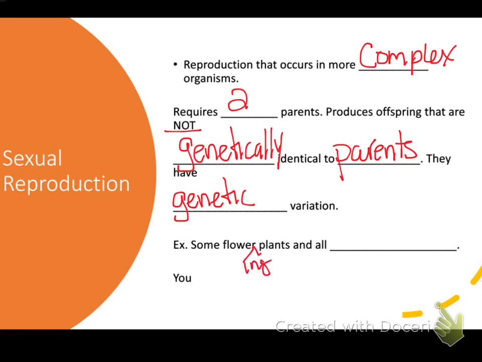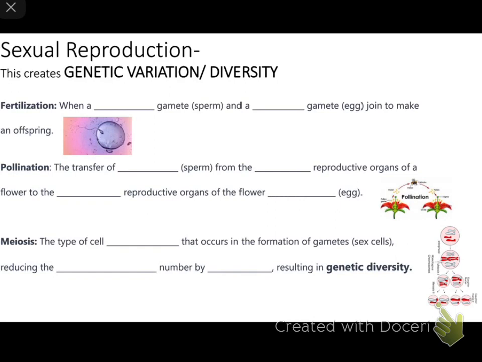Some flowering plants go through sexual reproduction, and all animals do. For example, humans do. You are a genetic variation of your parents. You get half of your chromosomes from your mom and half from your dad, and that gives you variation. That's the super main thing to know about sexual reproduction: the genetic variation and diversity.